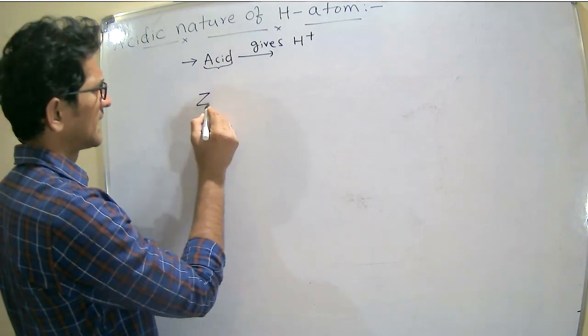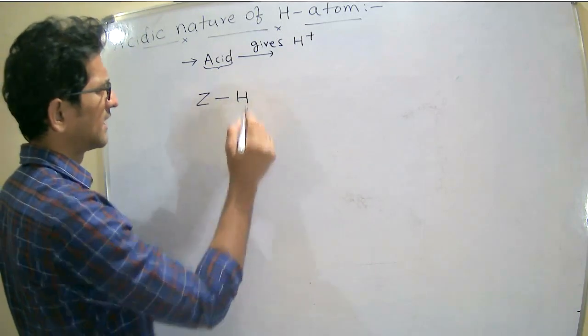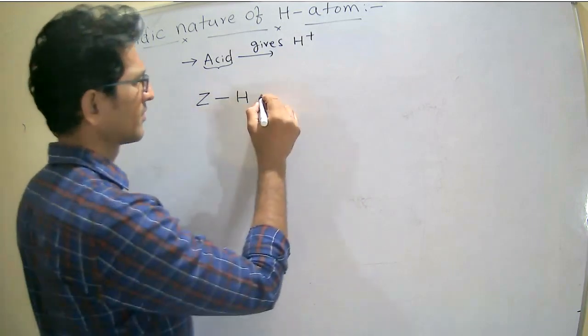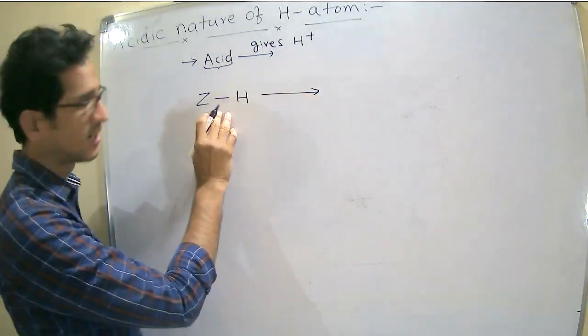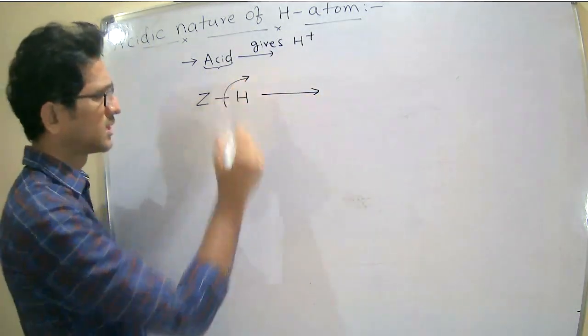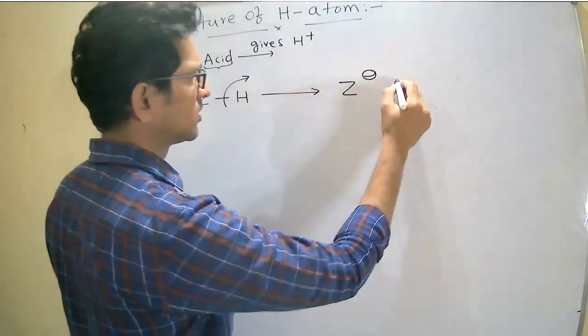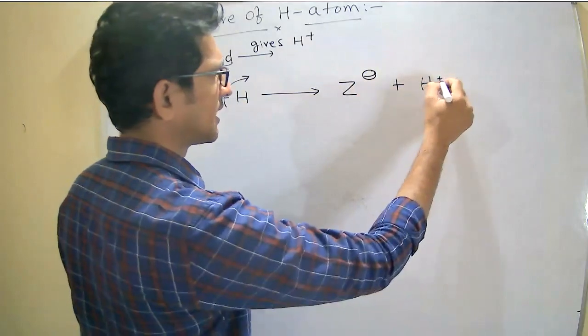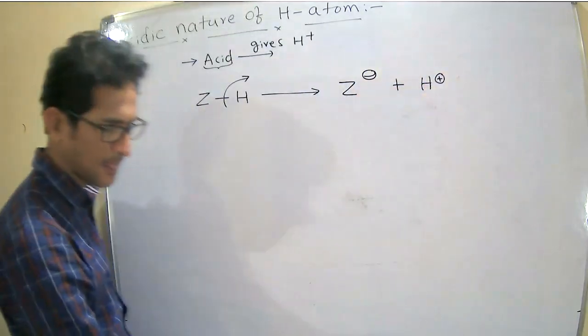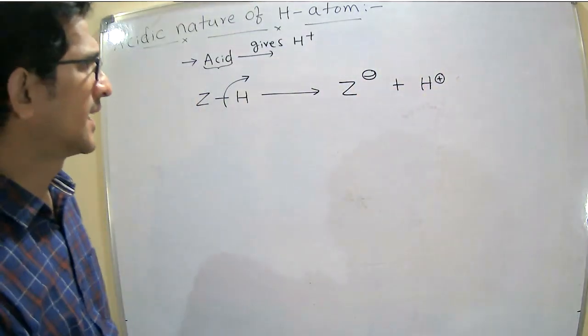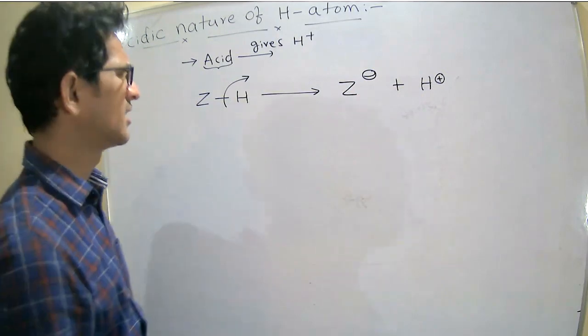I can write an example, for example, ZH. Once it is an acidic compound, it loses its H plus ion, converting into Z minus and H plus. Z minus is called the conjugate base, and with respect to this conjugate base, ZH is called the conjugate acid.